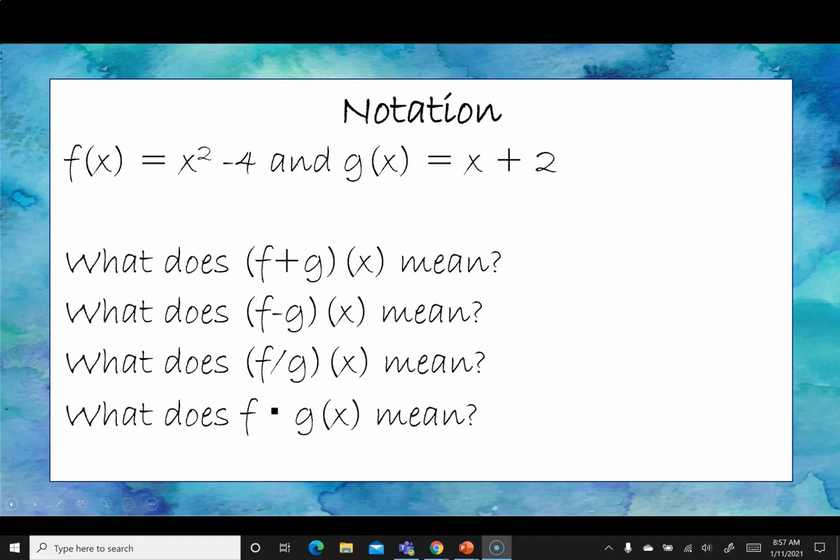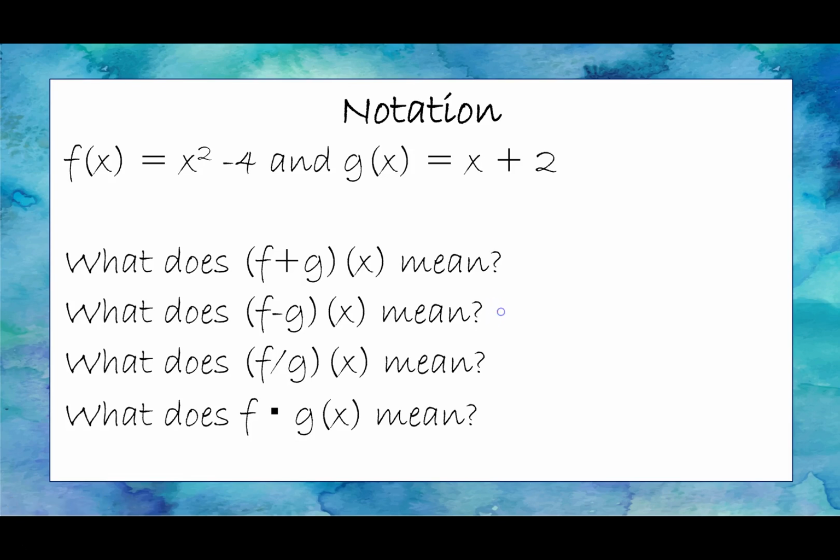All right, with f minus g of x, you have to be really careful that you put your parentheses. And what I mean by that is that this is going to be equal to my f function because it's listed first. And then I have to do minus the entire g function, which is x plus 2.